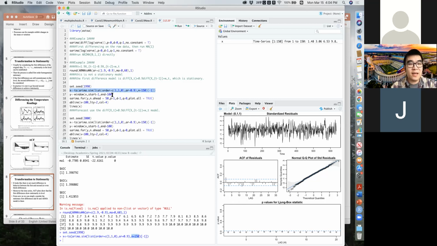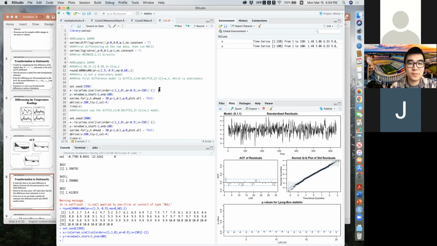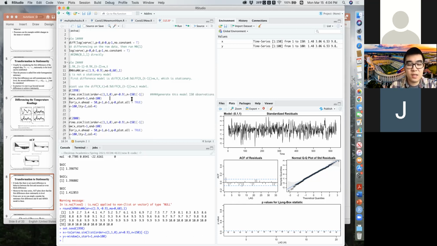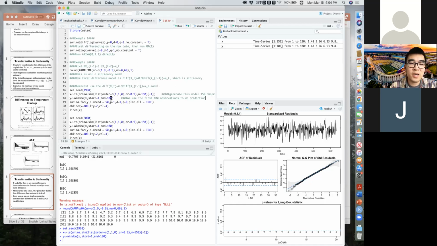Okay, and we will just use the first 100 data points to do prediction. Okay, so this Y is the first 100 observations, and this X is our total data generation.